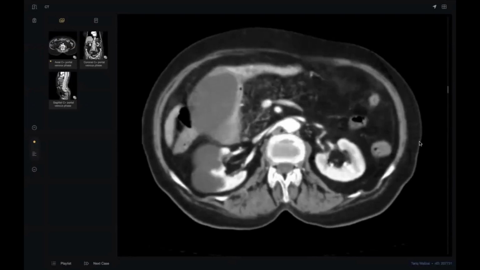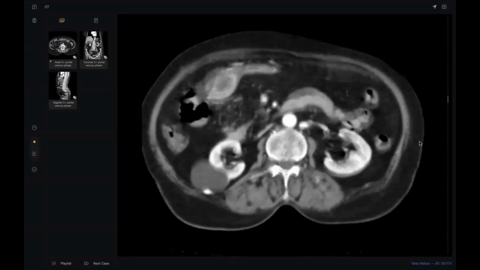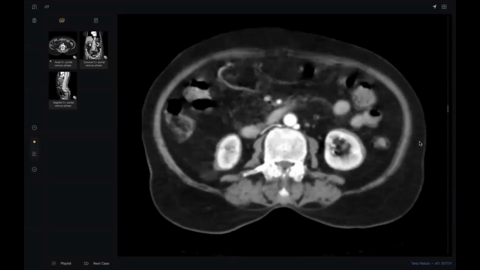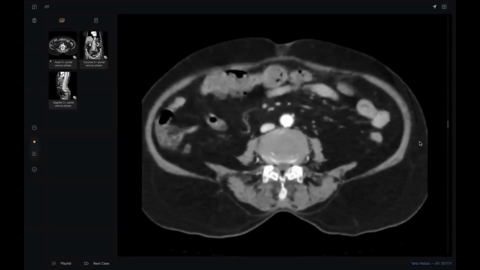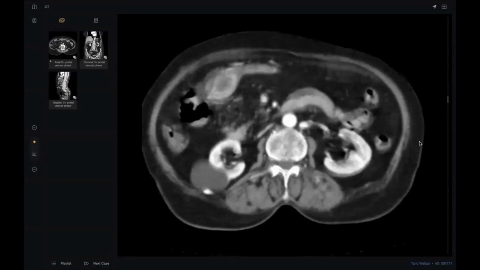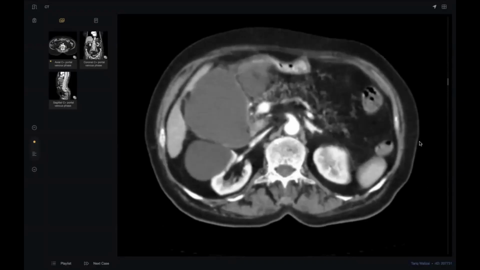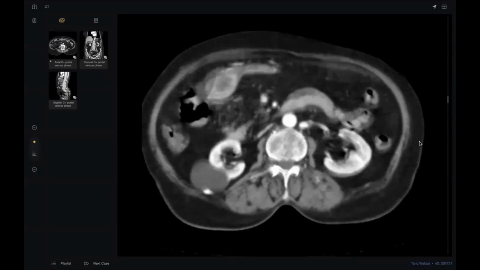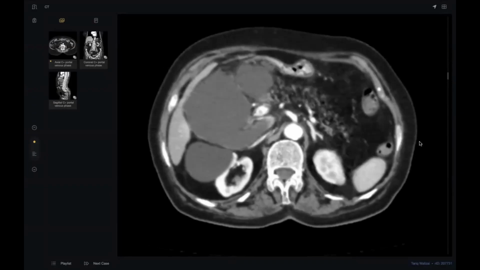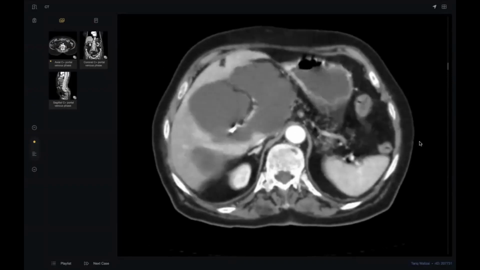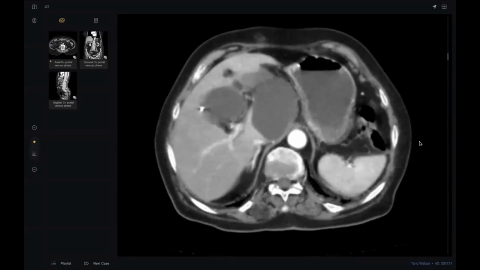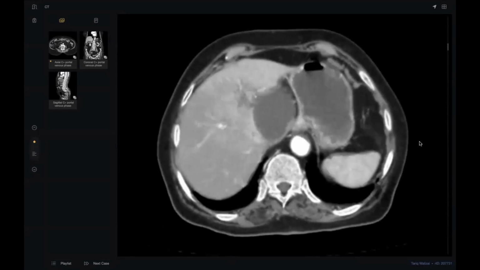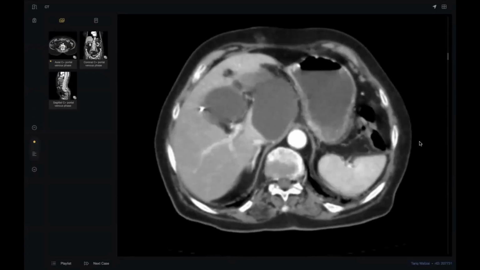Okay, so these collections appear to be larger than expected for post-operative changes.